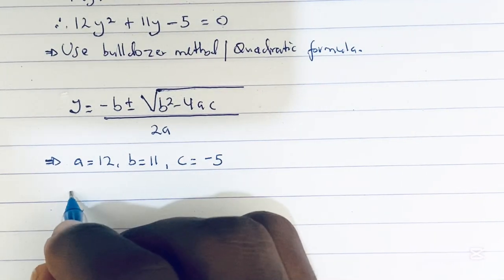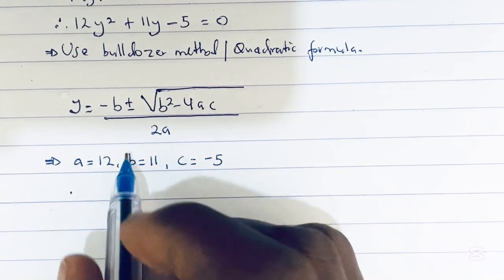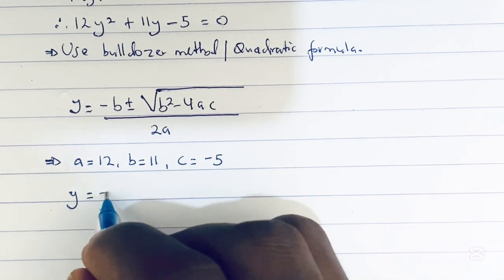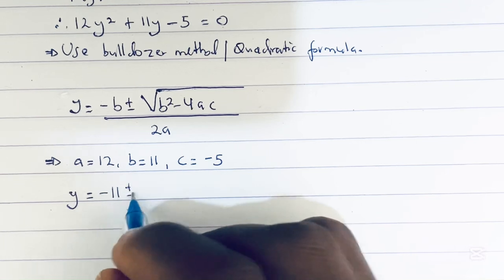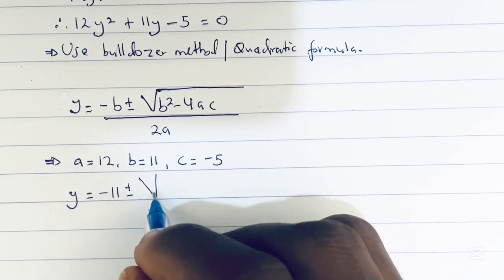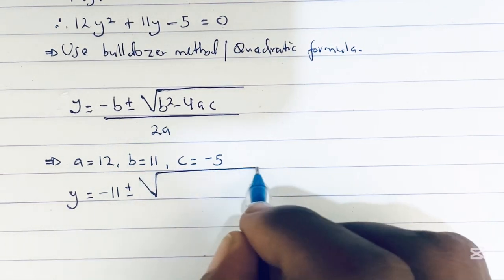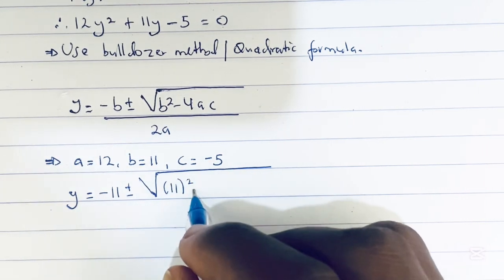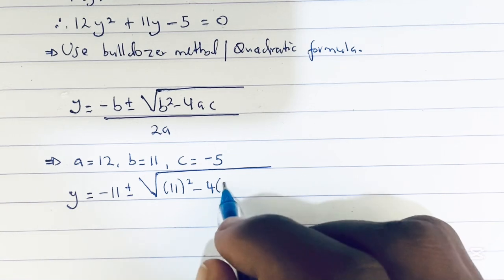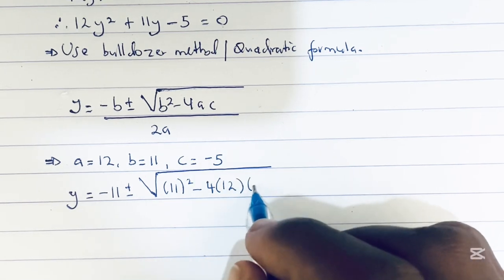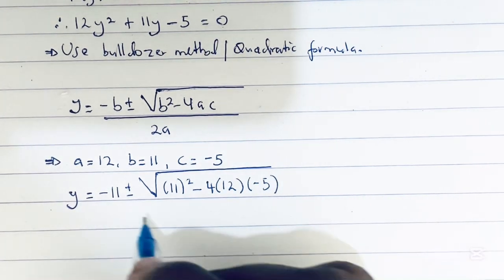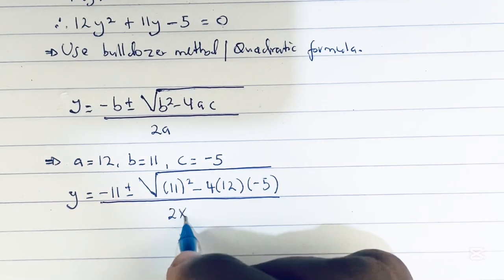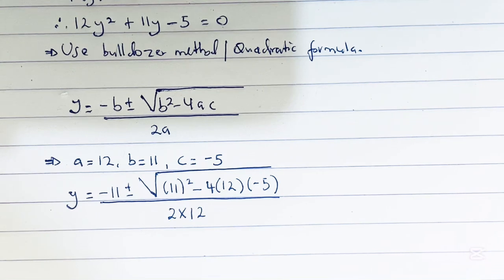So in that case, we are going to substitute a, b, c into our quadratic formula. So y is going to be equal to negative 11 plus or minus the square root of b squared, which is 11 squared, minus 4 times 12 times negative 5, over 2 times 12.